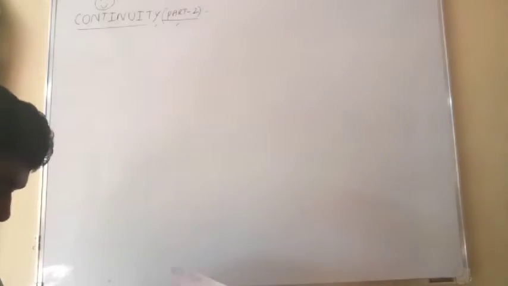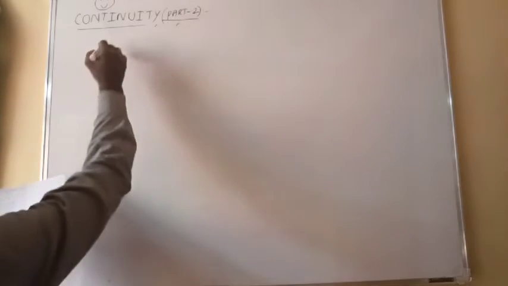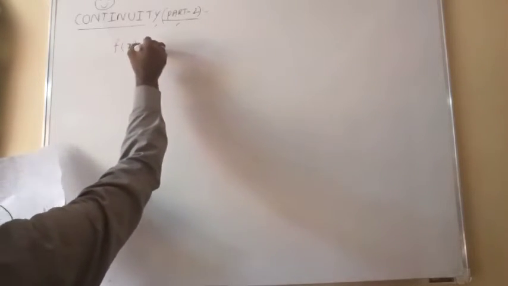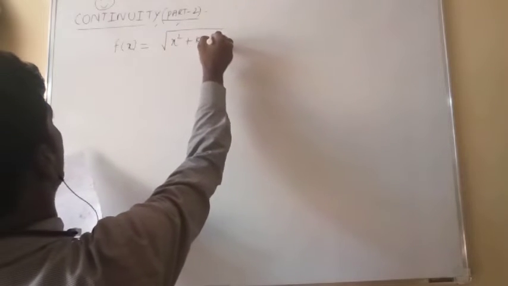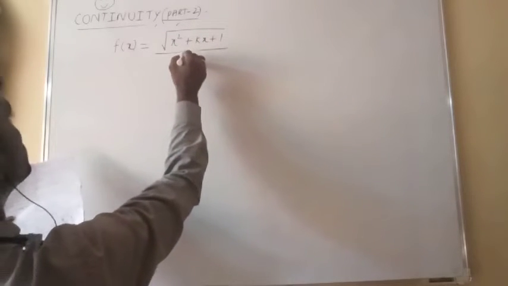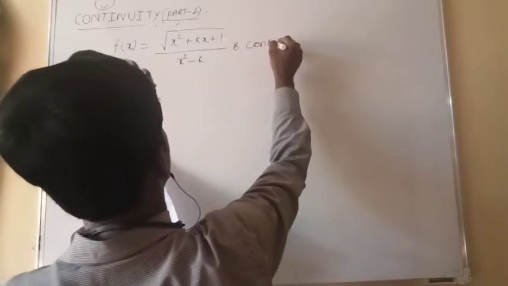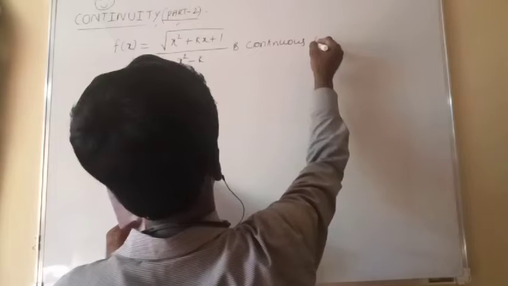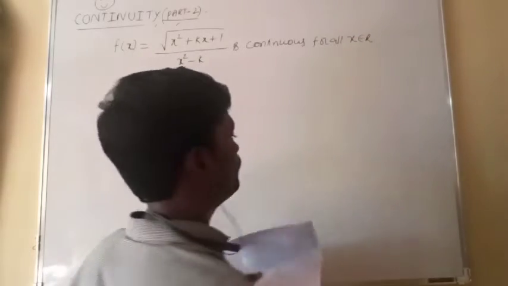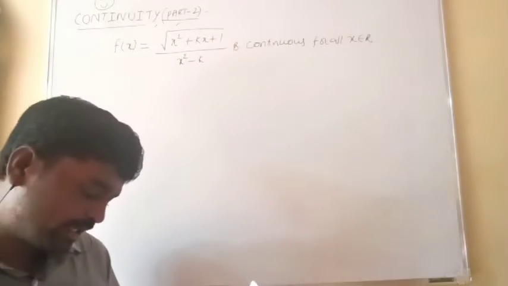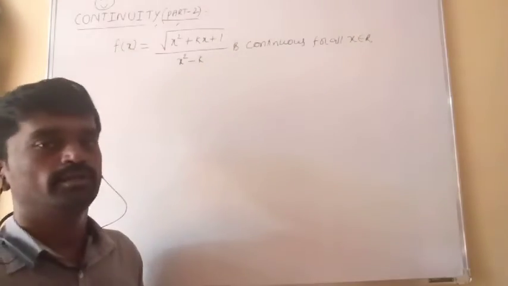Next problem. So next, this is also an interesting problem. F of x is equal to square root of x square plus kx plus 1 divided by x square minus k is continuous for all x belongs to R. Then find the interval of all possible values of k.